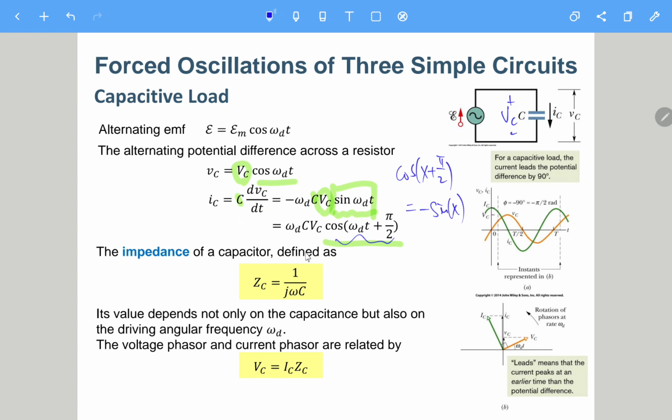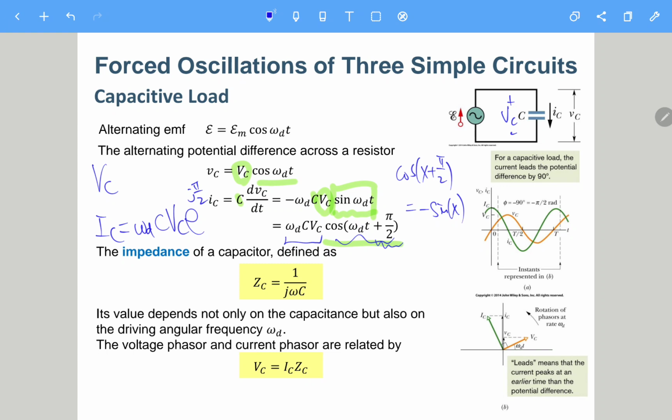But anyway, if we try to define something like this, which means that this is the amplitude and this is the phase, then we have V_C, the phasor, with 0 degree, and then I_C should be something like omega_d C V_C times exponential of j pi over 2.